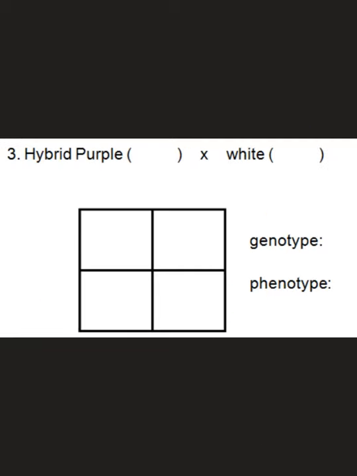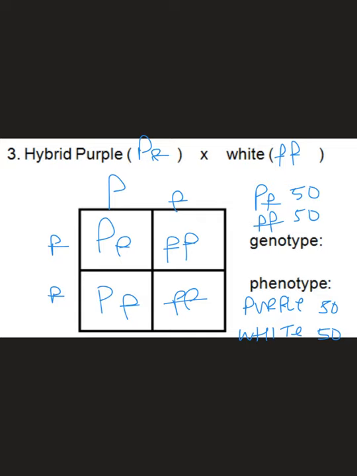All right, these are the answers to your Punnett Square practice. Number 3, hybrid purple crossed with white give you 50% heterozygous genotype, 50% recessive, which is good for 50% purple, 50% white.